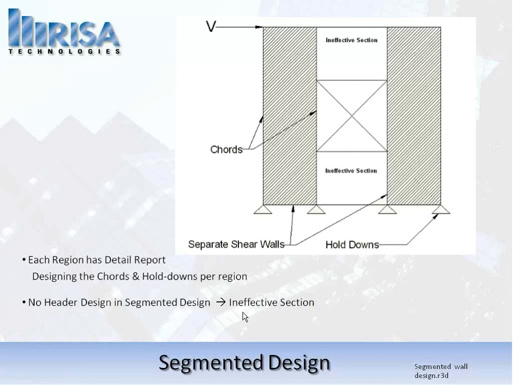So we really don't have a load path to get into that header for a segmented design. If you do want to do your header design, you want to switch over to perforated or force transfer around openings. And again, the height to width ratio is required by the NDS, and we just saw how that was demonstrated in the program, giving you a nice warning message alerting you to that fact when you break the rule.